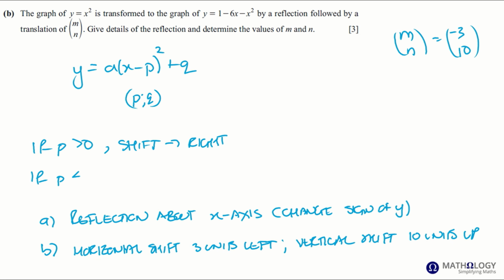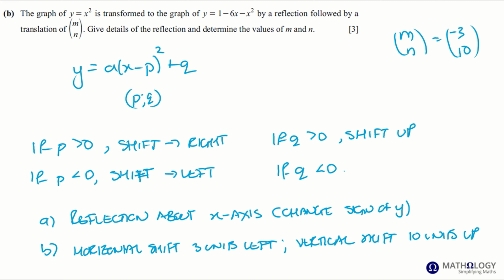And if p is less than 0, we get a shift to the left, however many units as the value of p itself. If q is greater than 0, we get a vertical shift up, the number of units being q. If q is less than 0, then we get a shift down. And these shifts are vector translations.